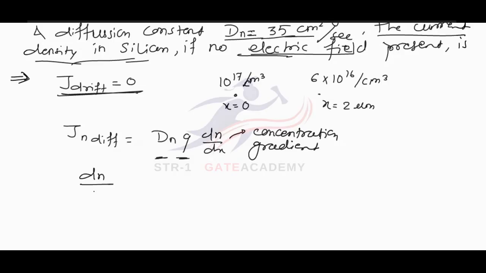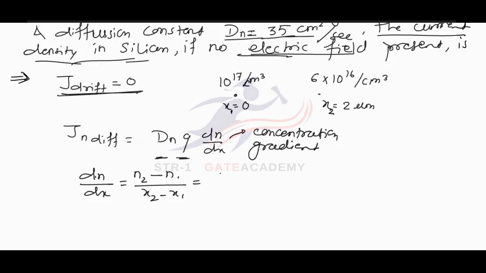The concentration gradient dn by dx can be calculated as the change in electron concentration with respect to the change in distance, equal to n2 minus n1 upon x2 minus x1. For example, I take the first point as 1 and the second point as 2.